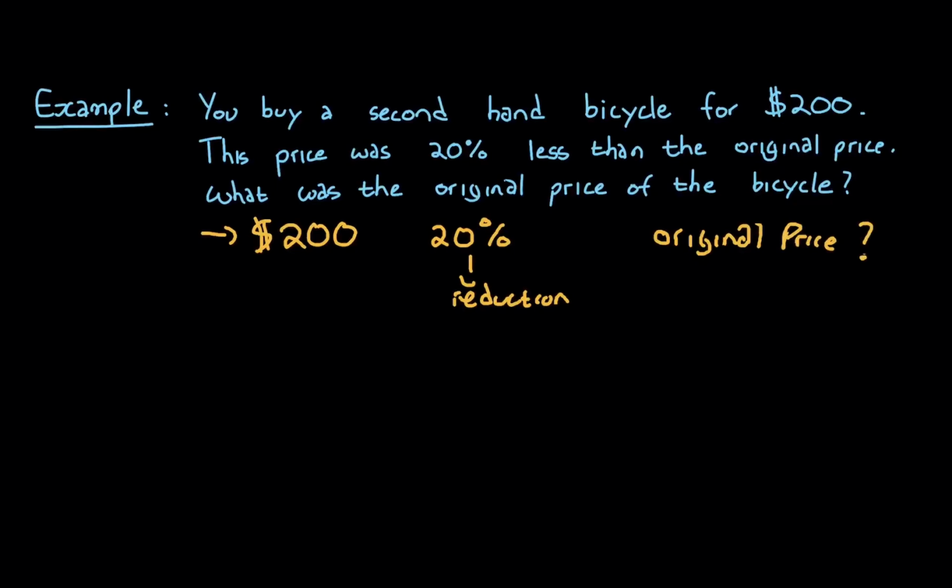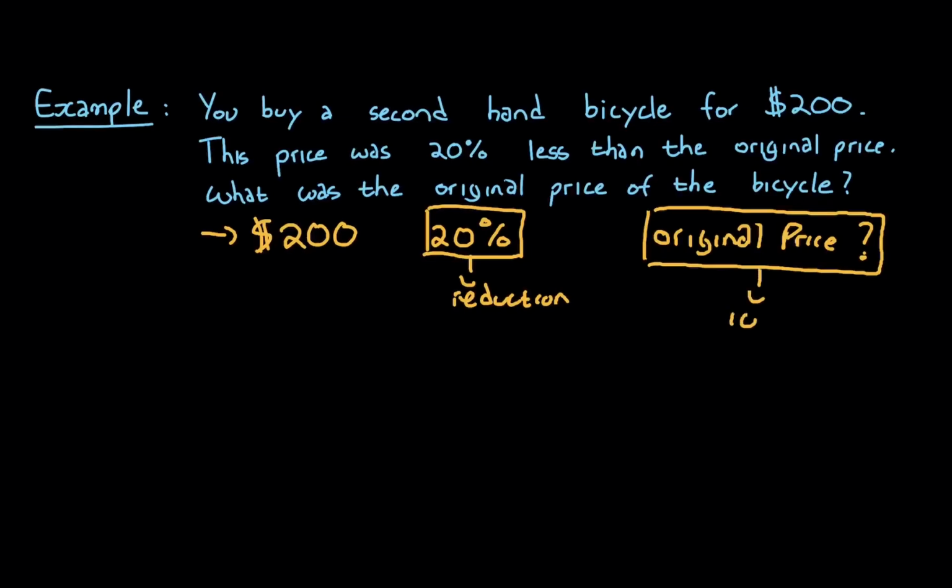We can see that this is 20% less, obviously, because you're buying a second-hand bicycle, so it's going to be less. The original price is essentially 100%, because that's a whole. You're going to reduce it by 20% to get you $200.